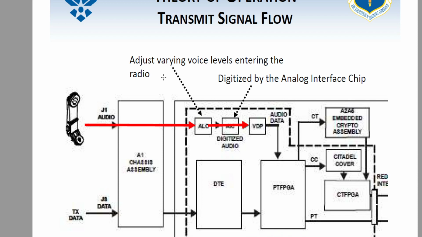I have a different pattern in how I talk when I'm on the radio than when I'm talking to you guys in person. This controller, this analog level control, is going to adjust those levels so that they're constant as they go through the radio, and they stay that way, so that we don't damage any of these small sensitive components. Make sense?